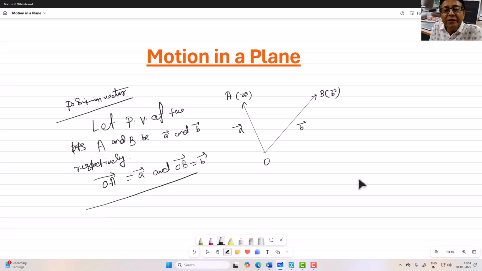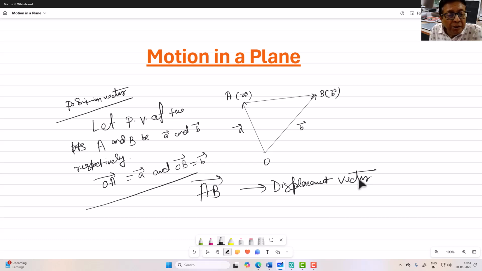Now, suppose the particle goes from A to B, then AB represents the displacement vector. What is happening there?